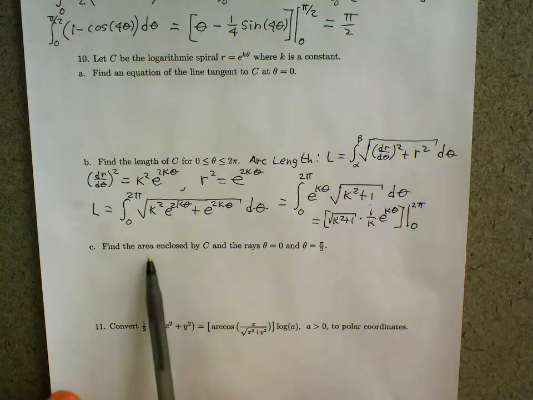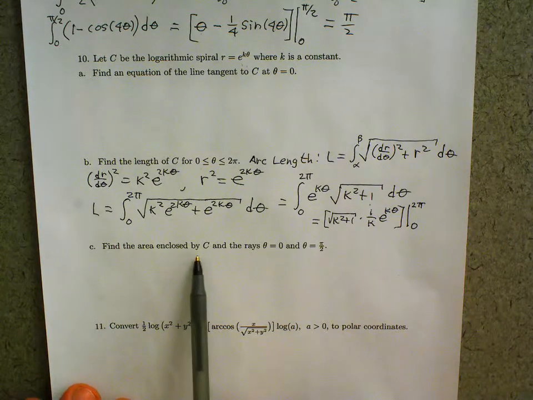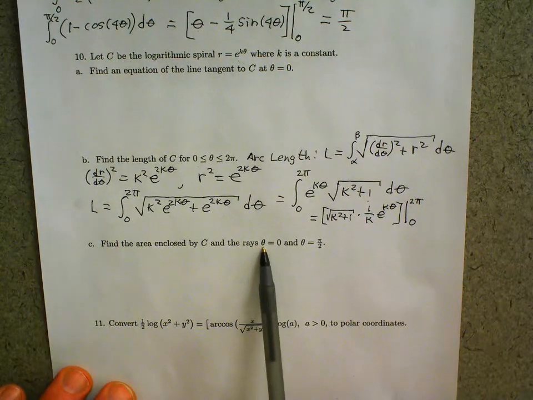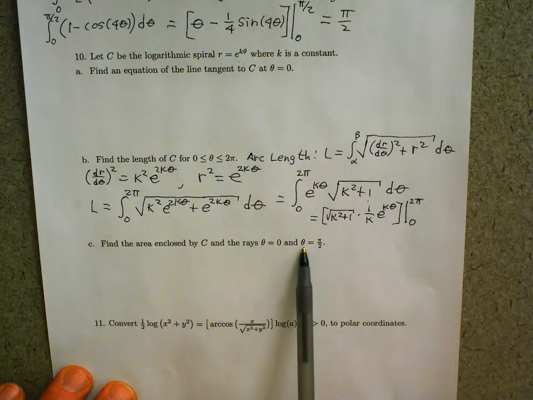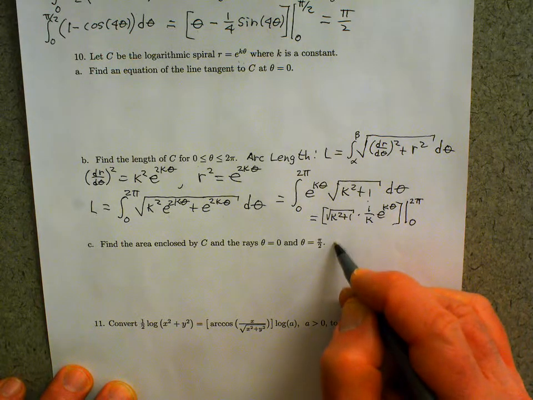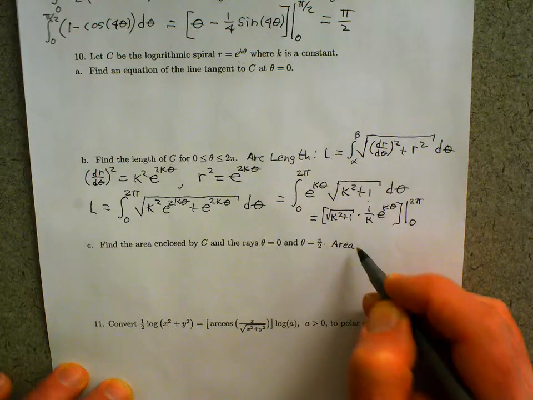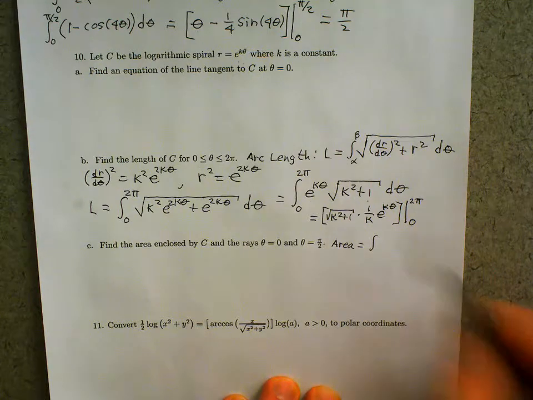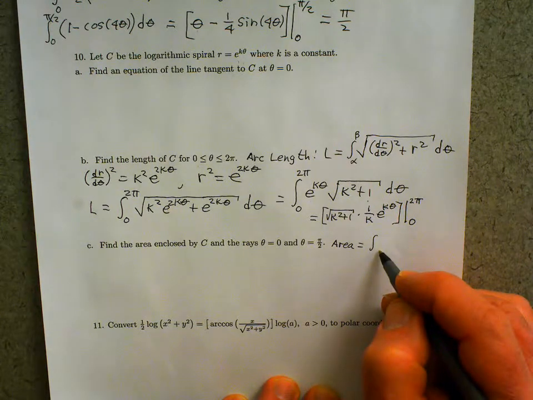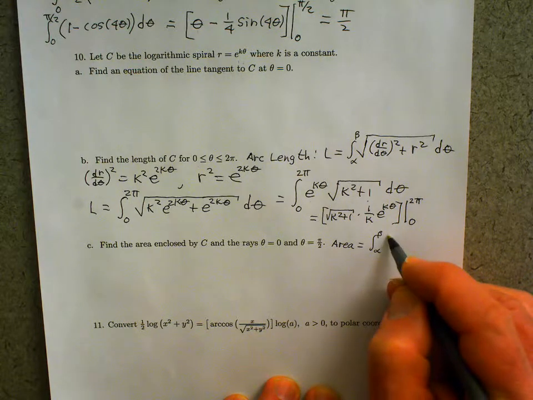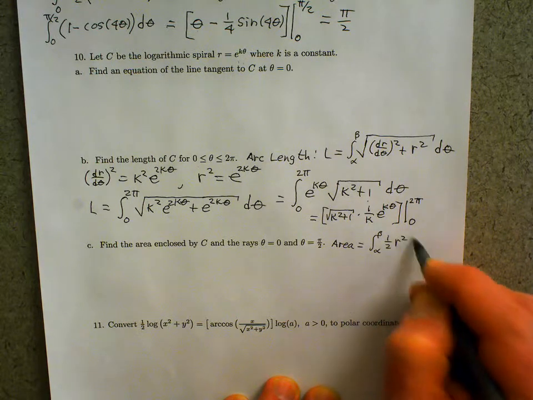Okay, to find the area enclosed by the curve C between the rays theta equals 0 and theta equals pi over 2. The formula for the area enclosed by a polar curve, we've seen this before today, is the integral from theta equals alpha to beta of 1/2 r squared d theta.